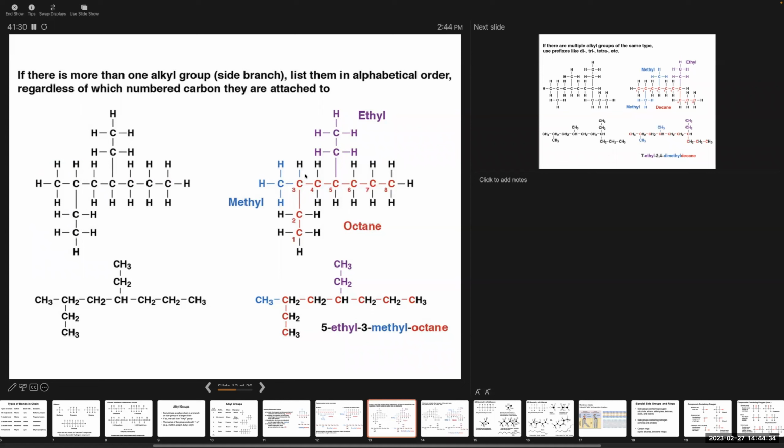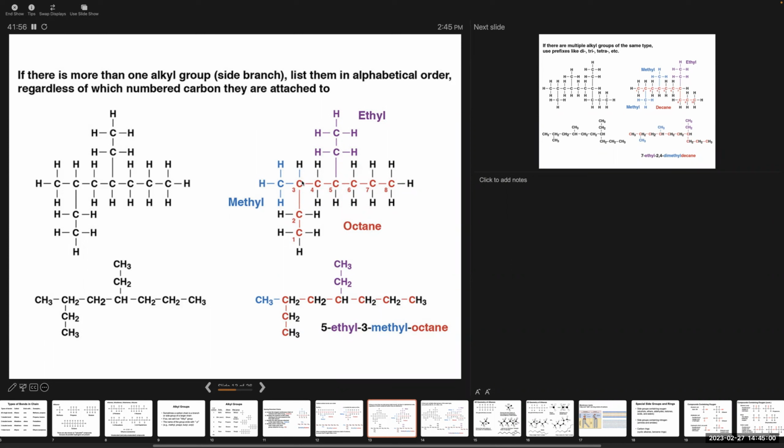There's a side branch on the number 3 carbon. If I had started counting on the far right, I wouldn't hit my first side branch until I got to the 4th carbon. So that's why I started counting from the bottom, because it's closest to my first side branch.